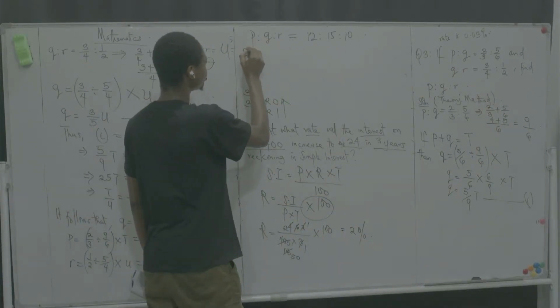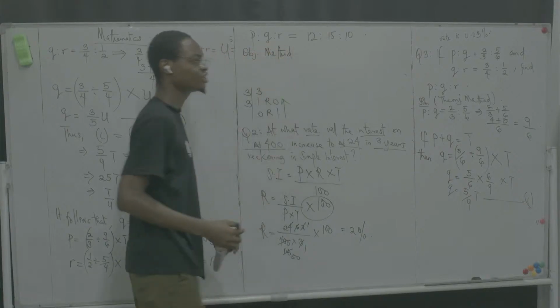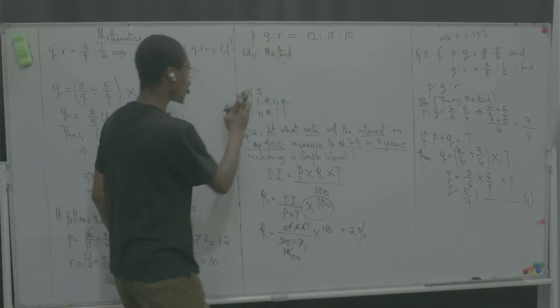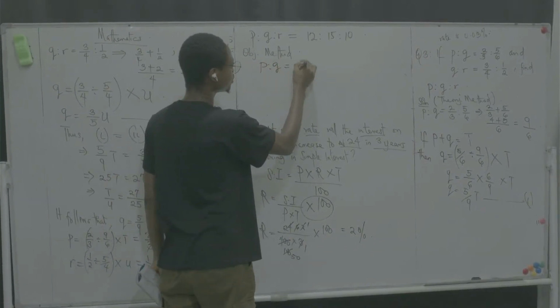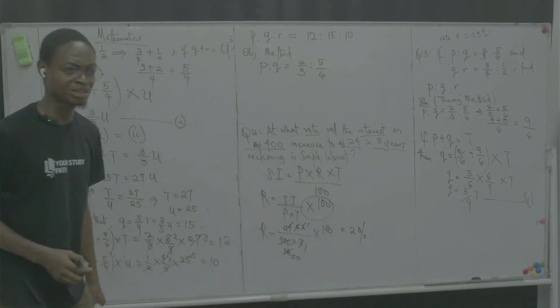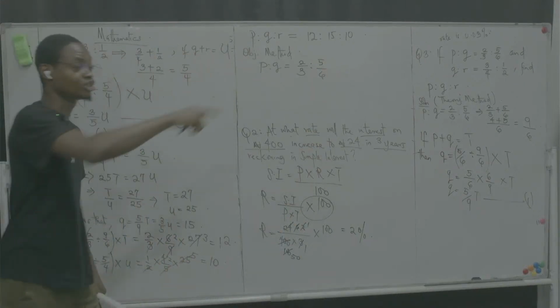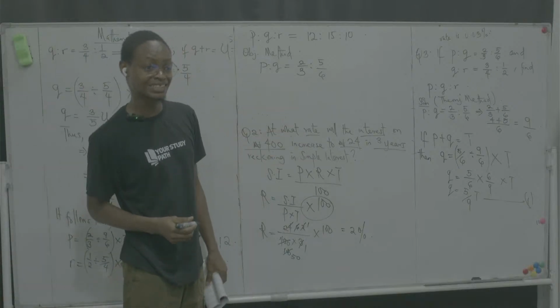Now, when we are dealing with the OBJ method, what do we do? We know that P ratio Q has been given to us as 2/3 ratio 5/6. And I know it's not in the lowest terms. So what I first do is I turn it to whole numbers. How do I do that? I multiply all through by 6.